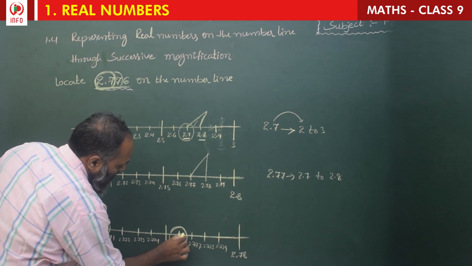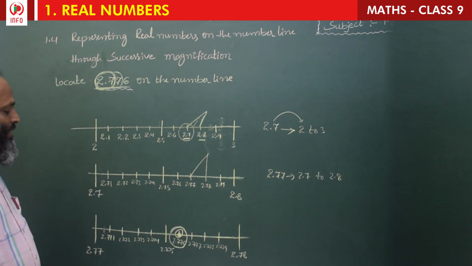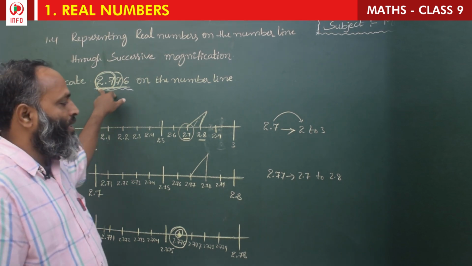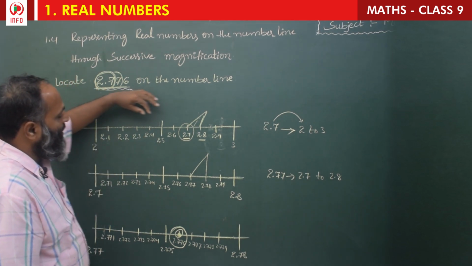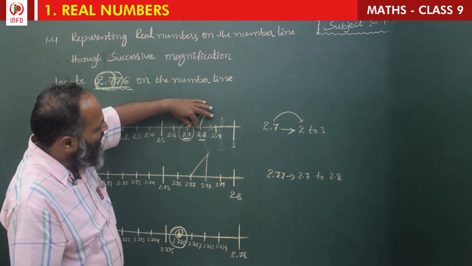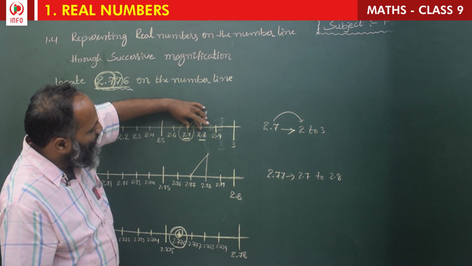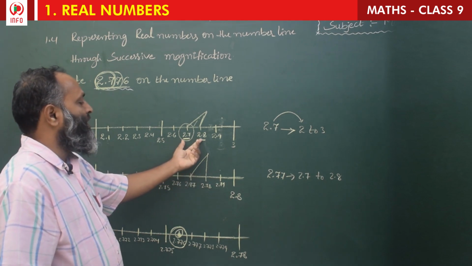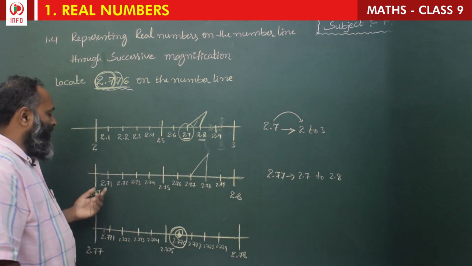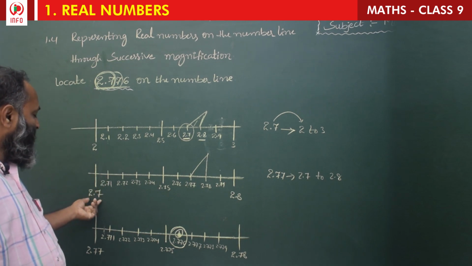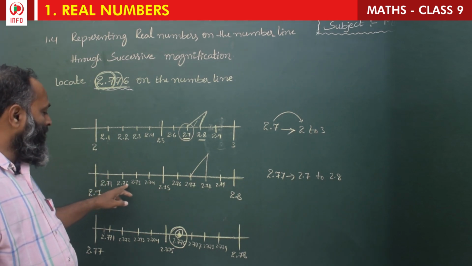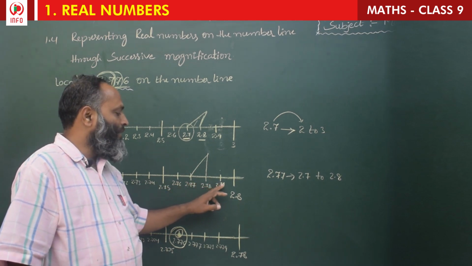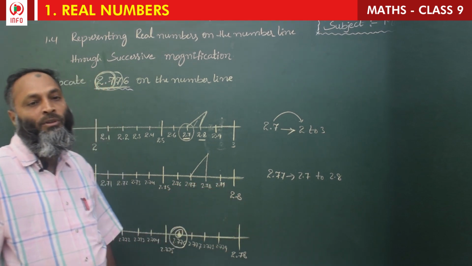This is the point 2.776. In this way, first we should look at where 2.7 is, in between 2.7 and 2.8. After that we should zoom it like this. If you zoom it, then you will get 2.7 and 2.8, and in between you will get 2.77. 2.7 means 70, 71, 72, up to 79, 80.